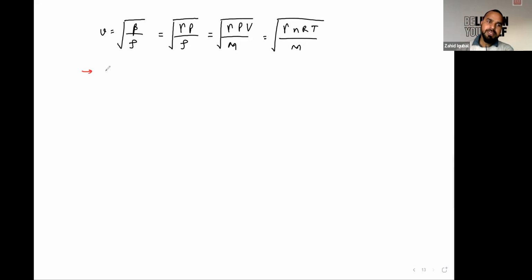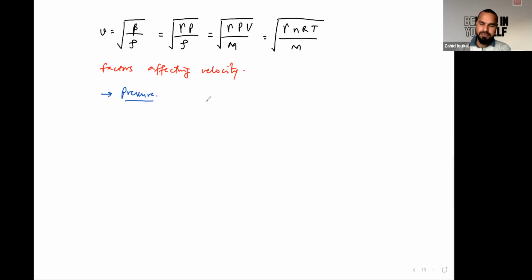So the first question will be: factors affecting velocity of sound. First expression we have is pressure.